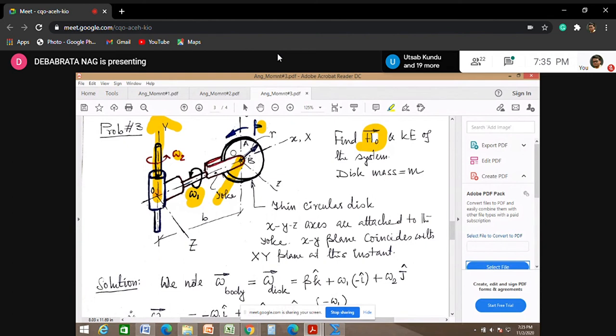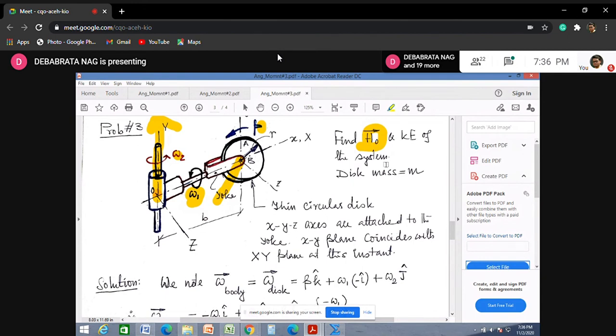Then I need to calculate the linear momentum of the system. Then I need to calculate the moment of that linear momentum with respect to point O, and finally add vectorially the relative angular momentum term with the moment of linear momentum term as per the momentum transport theorem. Right? So this should be our algorithm to solve this problem.